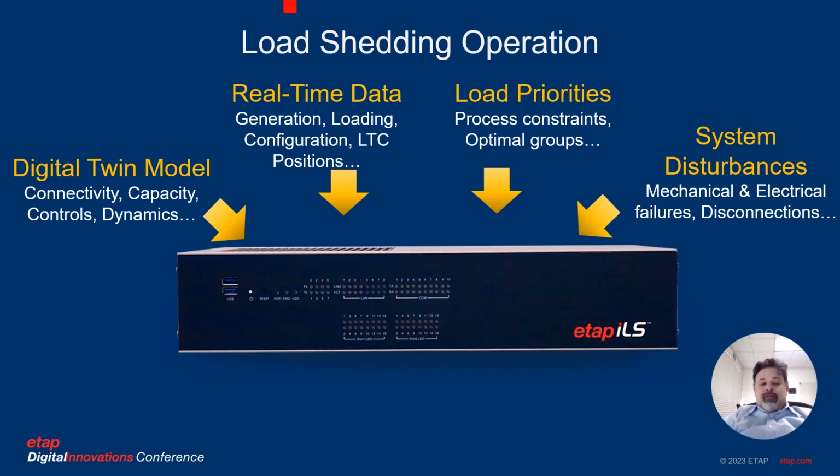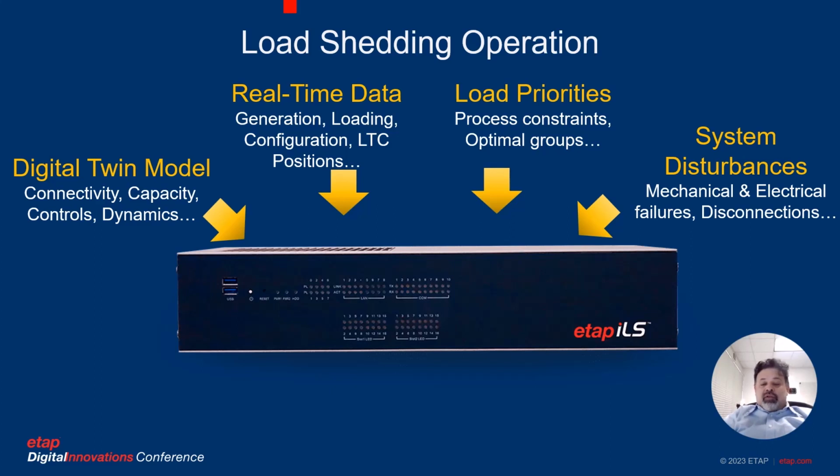The ILS understands that the capacity of the generation is dropped due to that condition. And you can also look at valve positions. You can look at temperatures, humidity, to derate the capacity of the generation units, and therefore determine what is the available spinning reserve.